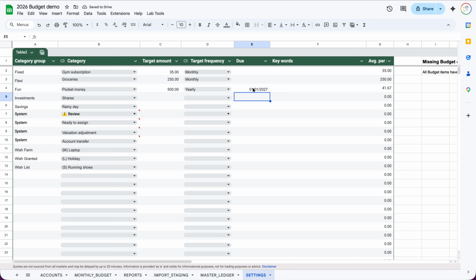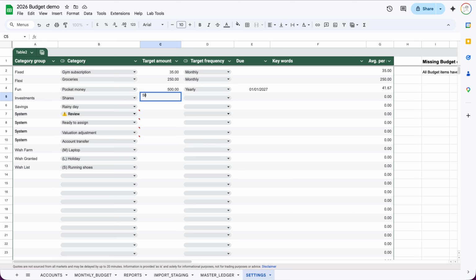When we look at the budget, because this is the first year in which you're using it, it'll divide the 500 until you get to the date that you've set. So we're missing 3 months. So when I do the budget categorization for you, you'll notice that it'll be slightly more than the 41 per month. But after that, you will just go down to 41.67 per month.